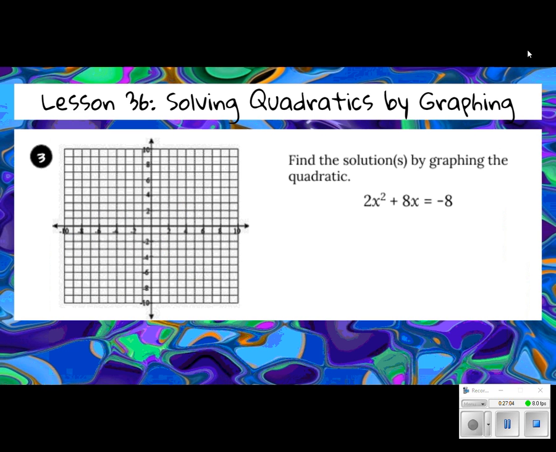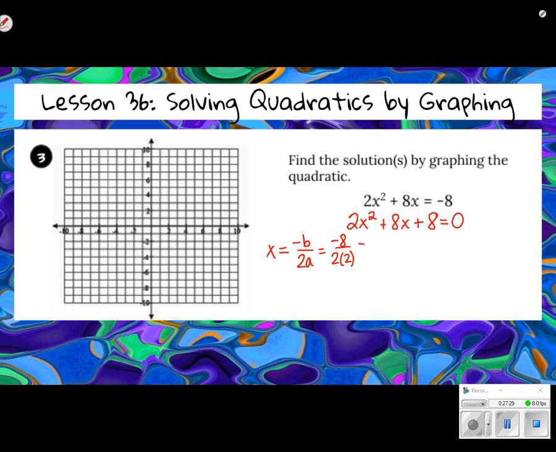All right, so find the solutions by graphing the quadratic. Let's see. Well, 2x squared plus 8x plus 8 would be the first thing that I would do. Make it equal 0. Let's do the vertex. X equals negative b over 2a. So negative 8 over 2 times 2. That's going to be a nice number. That's negative 8 over 4, which is negative 2.